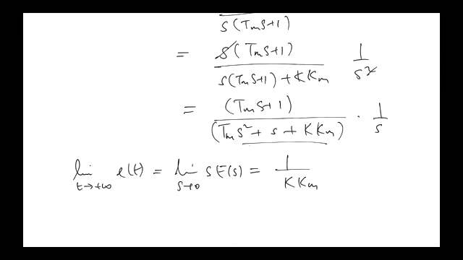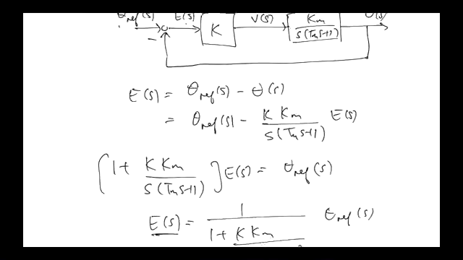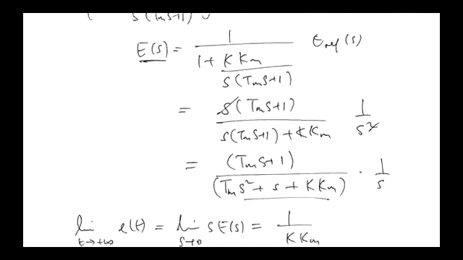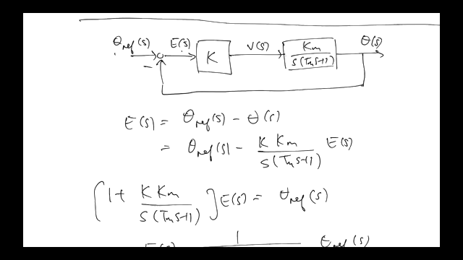Okay? We haven't used the model for the motor other than to do the analysis of the error signal. So the motor is what it is, and we're saying, well, it's whatever it is, right? We're not having to choose these in a specific way.